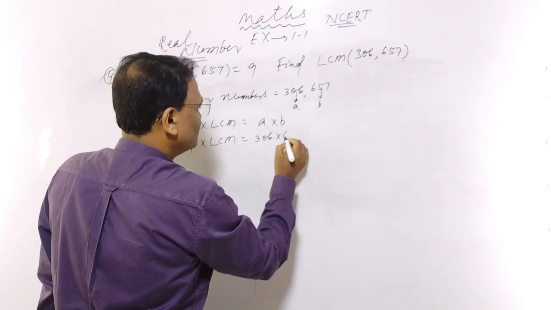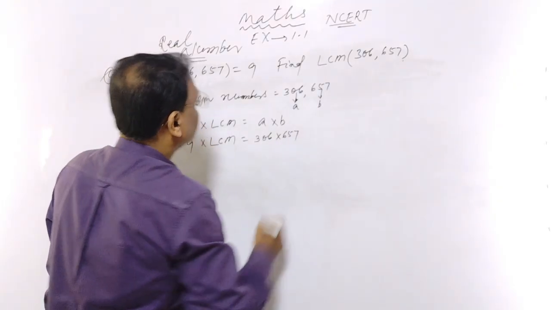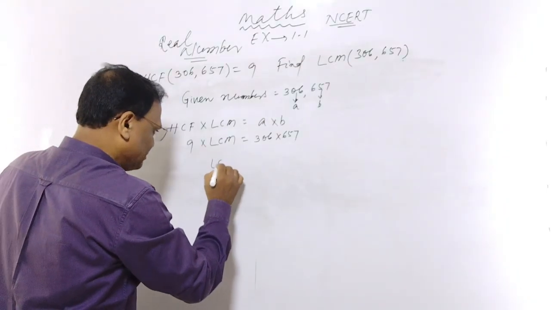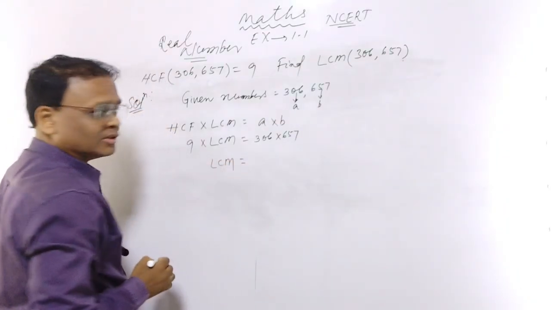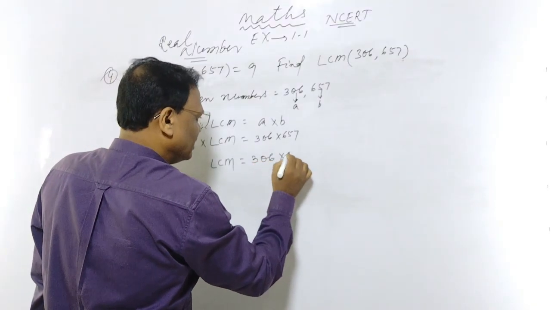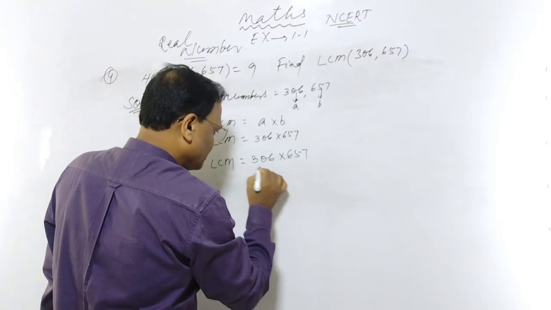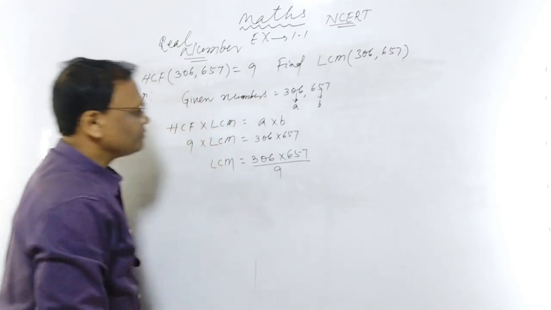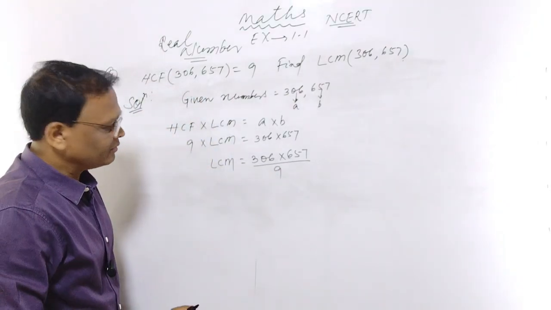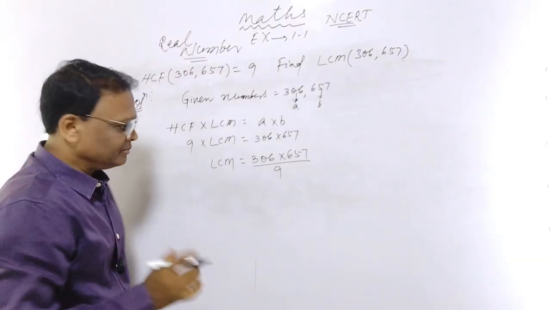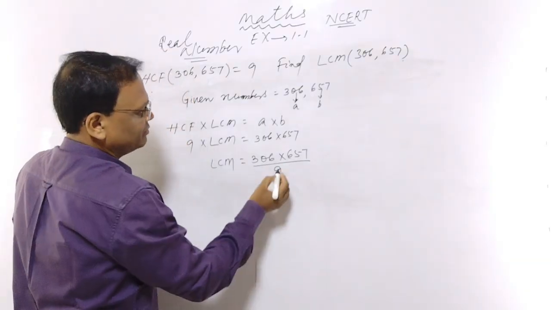306 into 657 over LCM is equal to what can I write? 306 into 657 divided by 9. Okay, friends, now only the cancellation part remains.